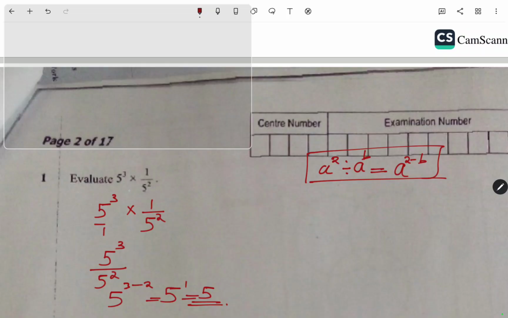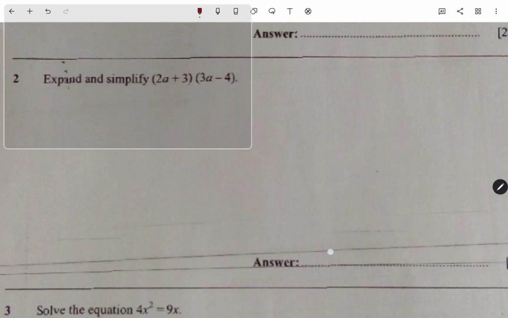Then if you wanted, you could have also expanded this one: 5 times 5 times 5, that would be 125 divided by 25. It will still give you 5.